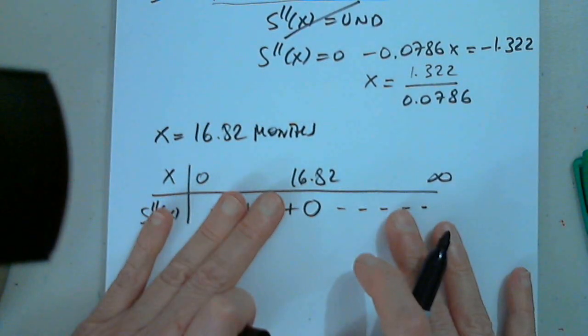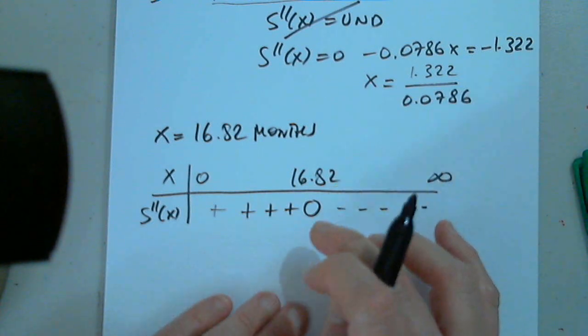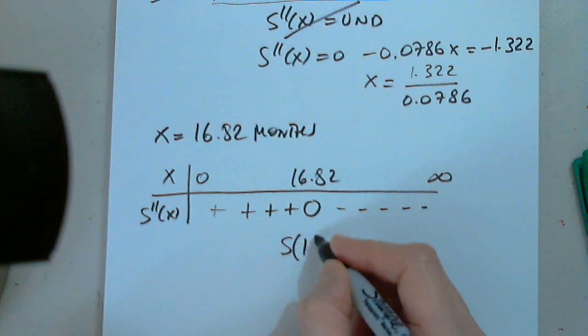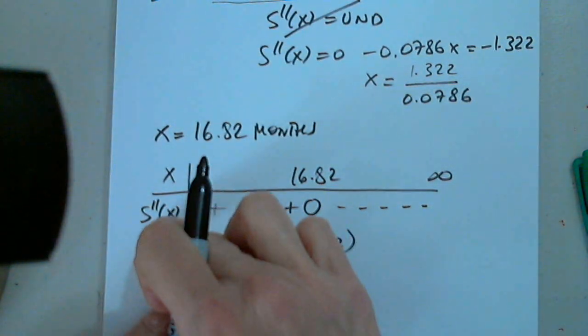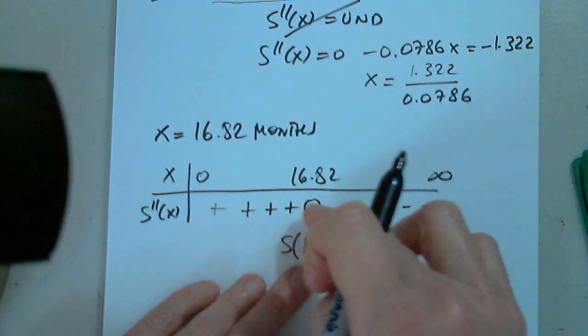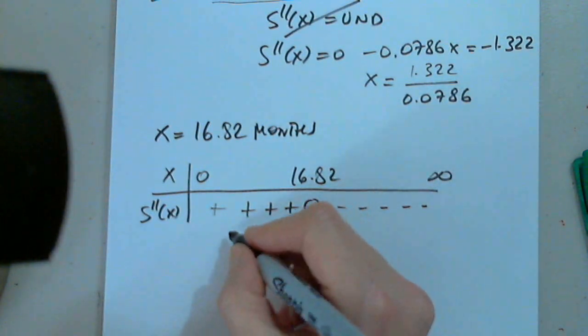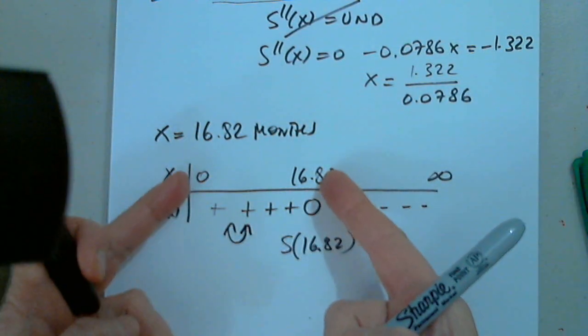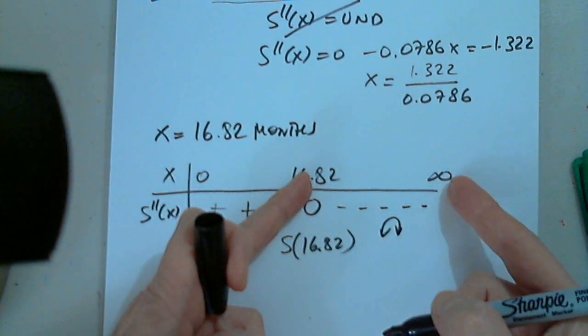I need to make sure that it changes sign, because 16.82 comma S of 16.82 will not be an inflection point if the second derivative does not change sign. But it does. So the function opens upward between these two, and it opens downward between these two.